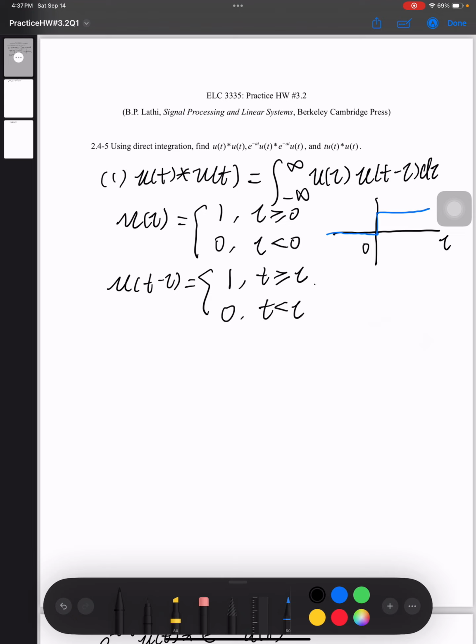For the second equation, we need to consider different situations for t, when t is larger than 0 or smaller than 0. Once t is larger than 0, it's going to look something like this.